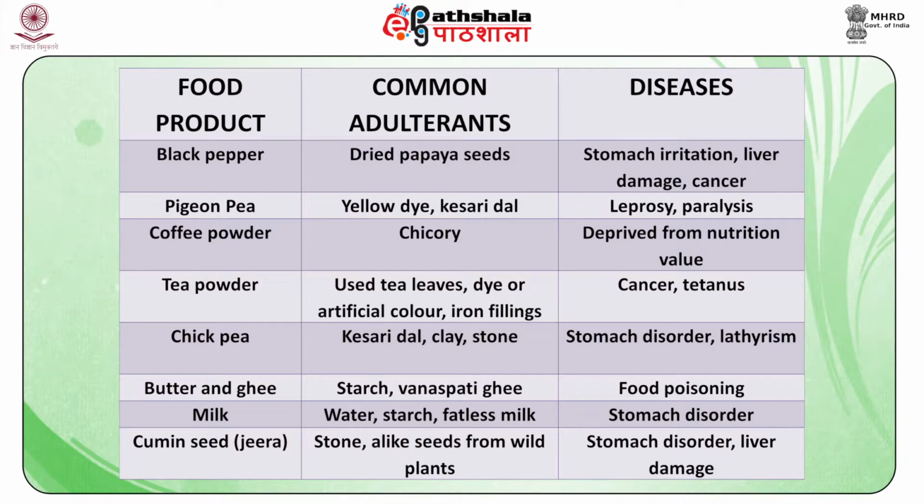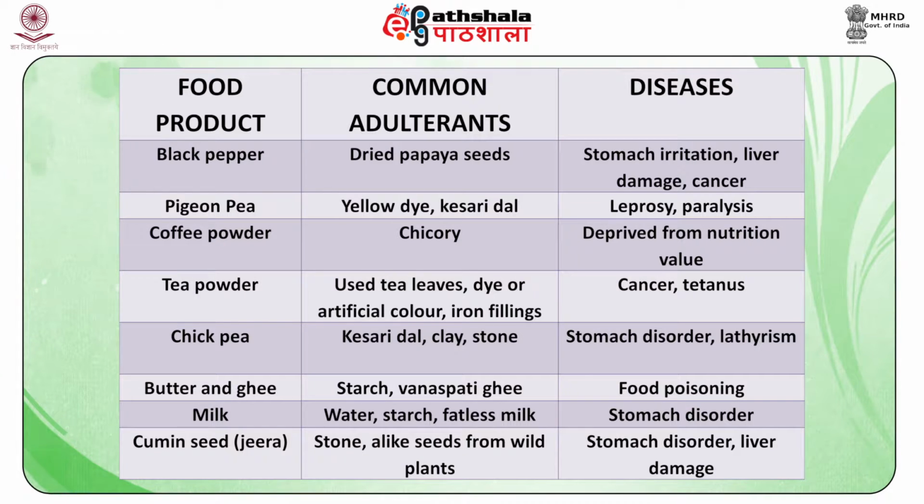Food product of tea powder. Its adulterants are used tea leaves, dry or artificial color, iron filings, and the diseases caused by them are cancer and tetanus.